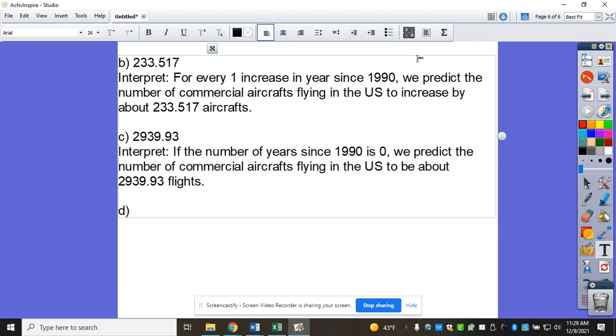So D says what keyword that should exactly tell you what to do. Predict. If it says predict, you are going to do what? Plug it in. So our equation is what?